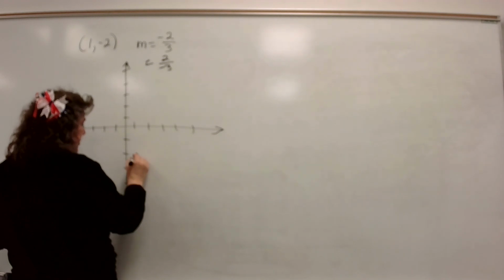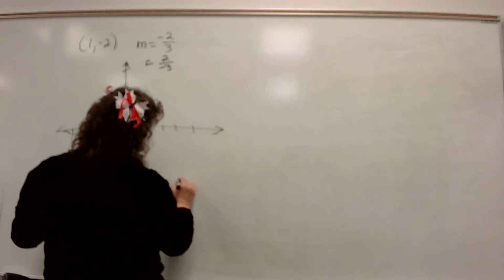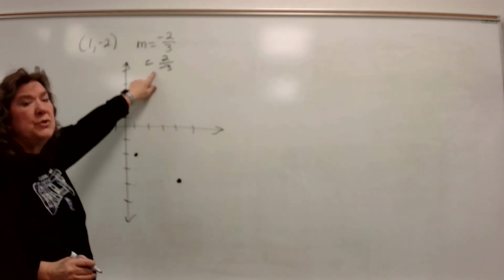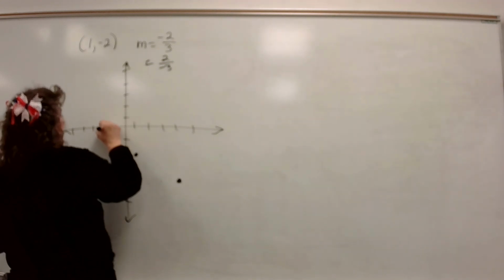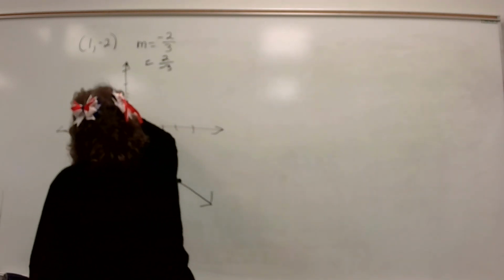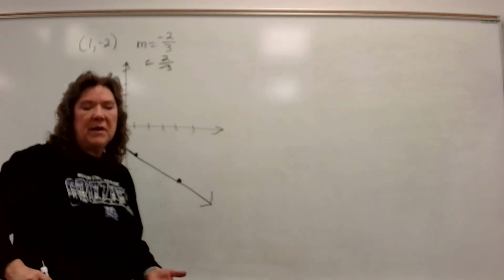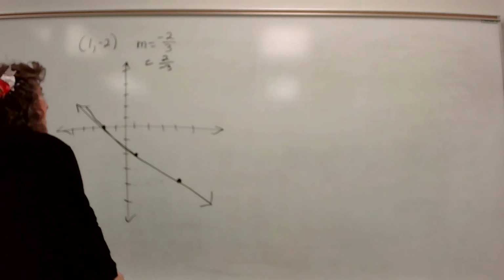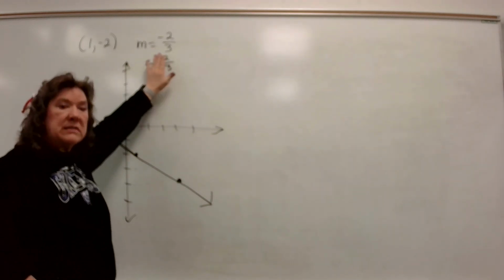Let's start with -2/3. -2/3 says down 2 and right 3. There's one point, okay? If I use 2/-3, I'm going to go up 2 and then left 3. Okay, so that gives you your points in order to draw your line. And of course, if you're using graph paper, it would be much more accurate than this. So that's another way to graph a line, from a point that is given and a slope.